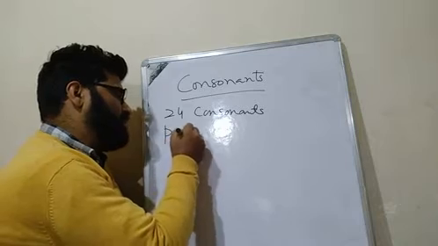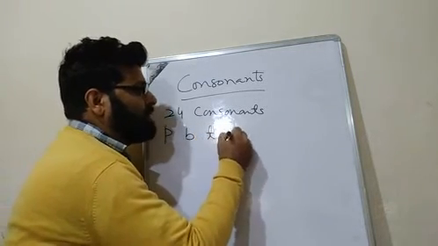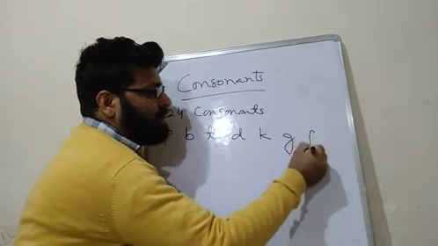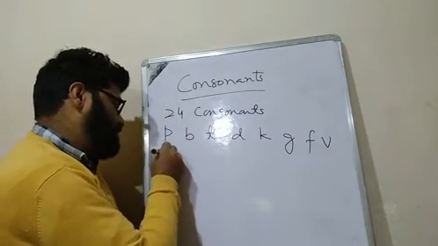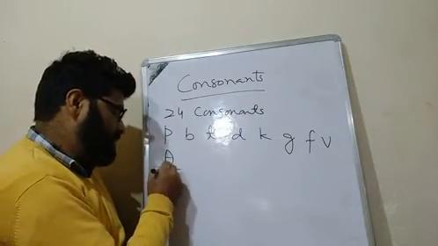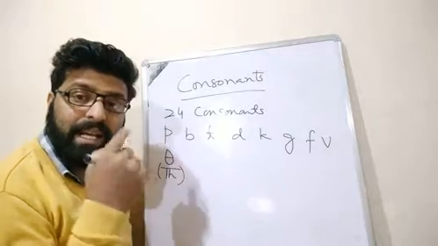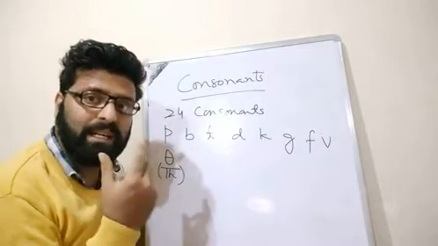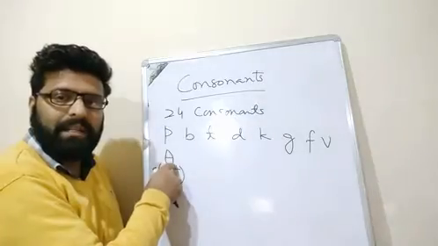P, B, T, D, K, G, F, V. This is th. When th gives the sound of thing, for example in thing, then it's written like this.